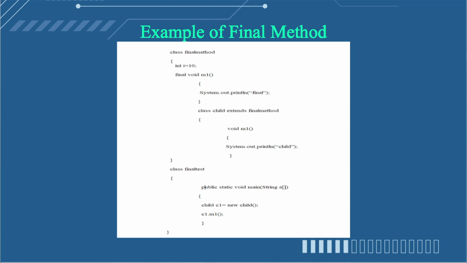So in this program, the method is final and we are trying to override it in the child class. It is not possible to override because m1 is declared as final in the parent class. So this is all about the final method in Java.